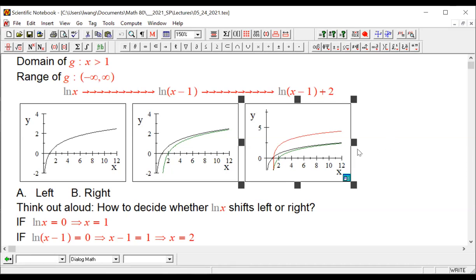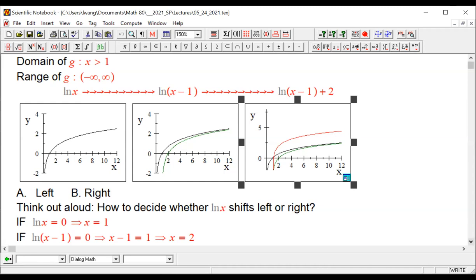Through these shifting, we have seen that there's shifting up from the green. Everywhere shifted up by 2 units. You got it? So the red is our final curve of ln of x minus 1, and then plus 2. Domain and range.